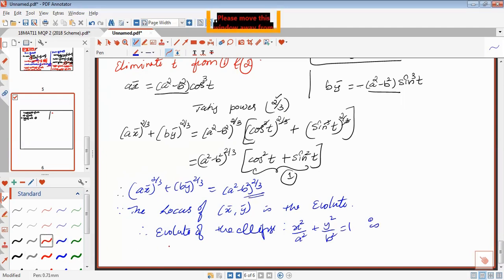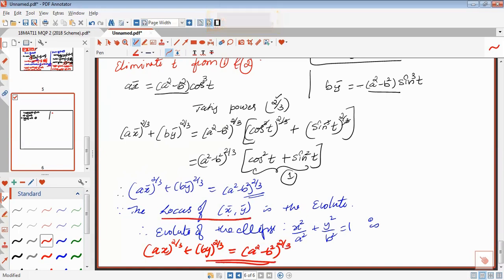That is, a x to the power 2 by 3 plus b y to the power 2 by 3 is equal to a square minus b square to the power 2 by 3.